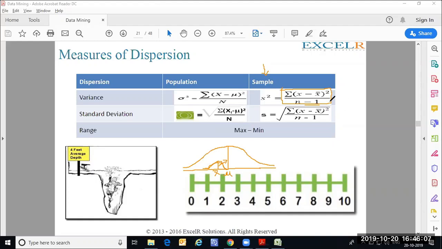At n-1, the results are more optimal. That is the reason n-1 has been fixed, to boost up the sample mean to reach the population. And this n-1 is also called degrees of freedom.